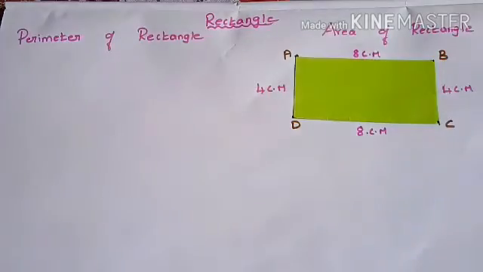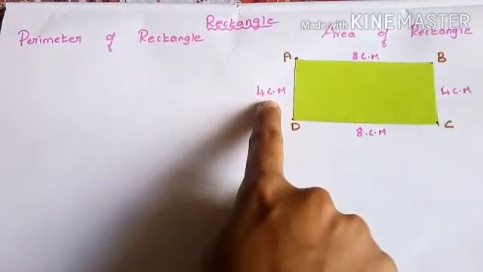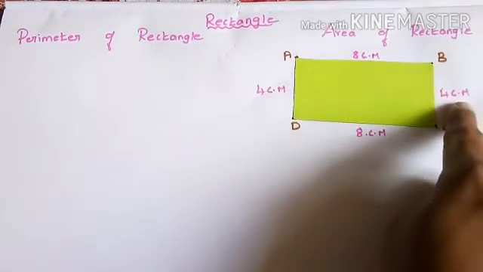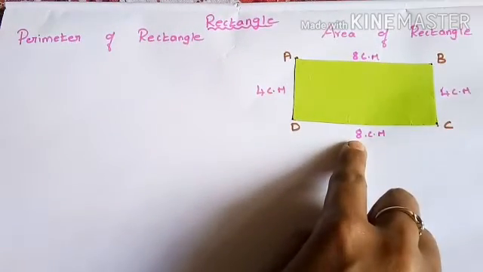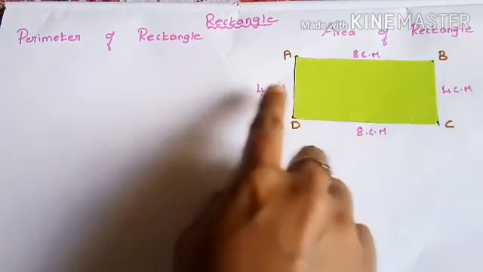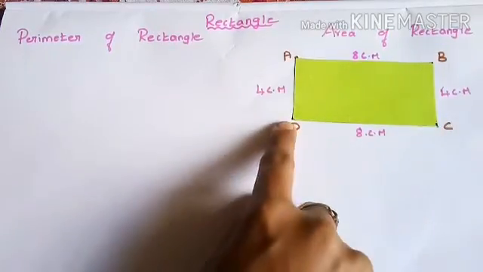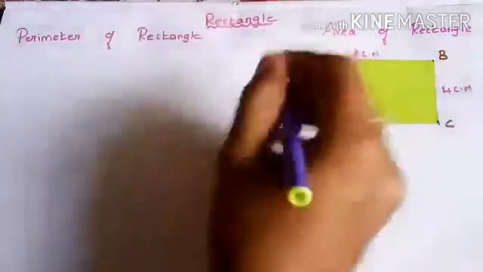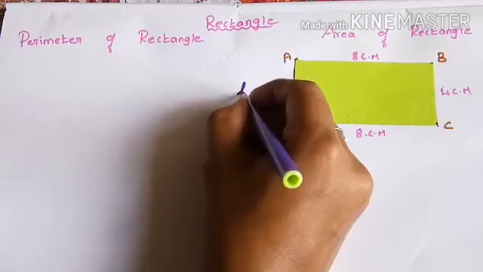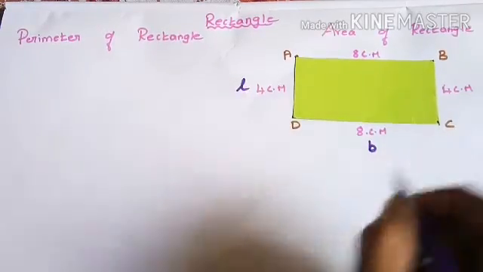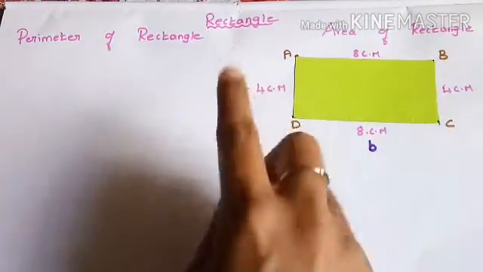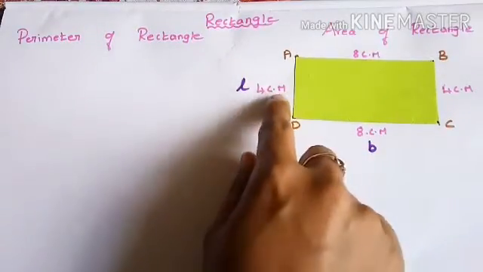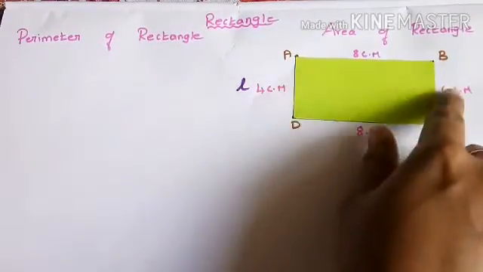Okay, listen, look at this. This side 4 centimeter and this side 4 centimeter, this side 8 centimeter and also this side 8 centimeter. Look at this. So this is the rectangle. Okay, so this is length and this is breadth. Because rectangle opposite sides are equal, so this is the opposite sides.